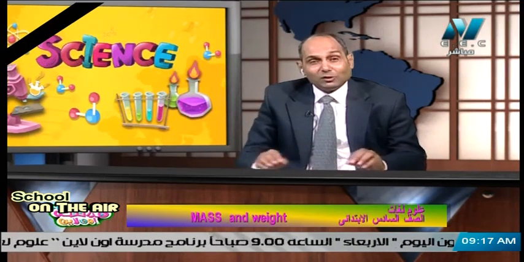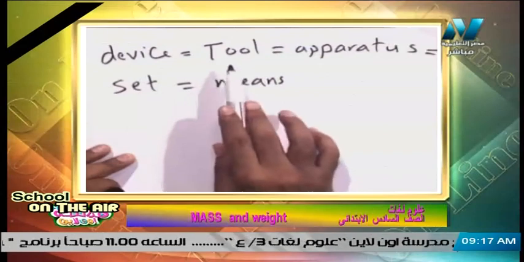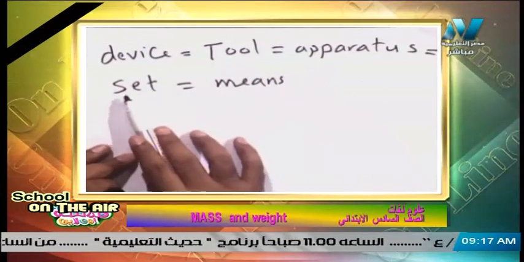Okay, now let's go to another point. Mass is measured by devices. We have two types of devices that are used to measure mass, and we must know, my dear student, that the word device equals tool, equals apparatus, equals set, equals means.